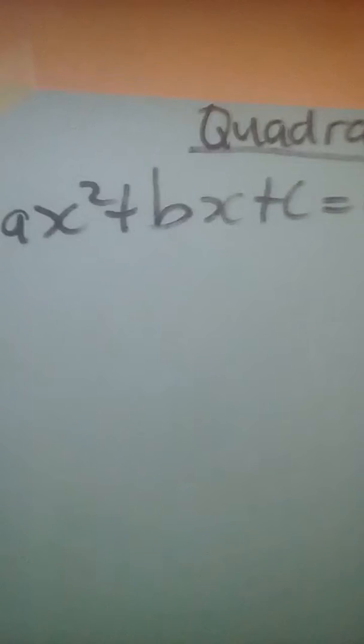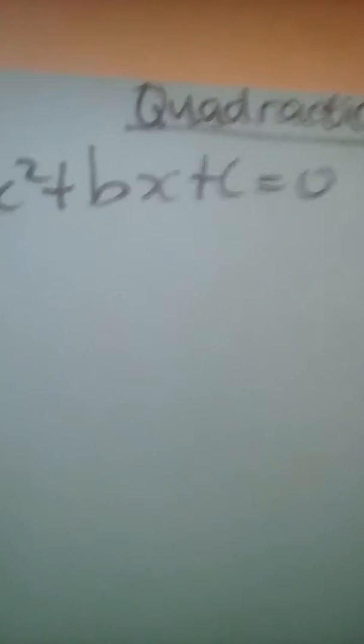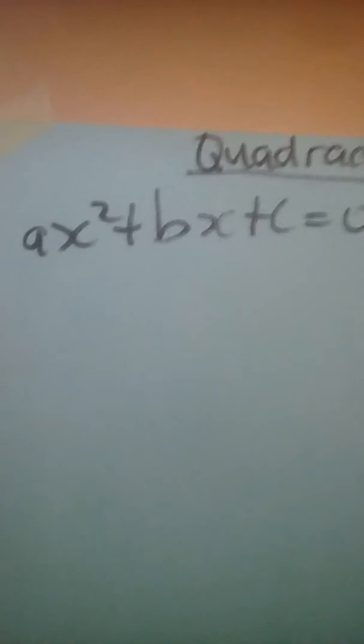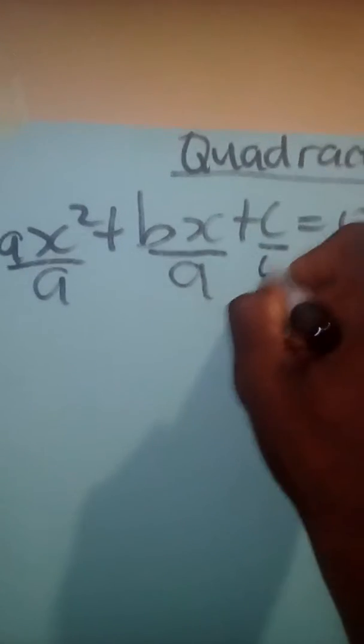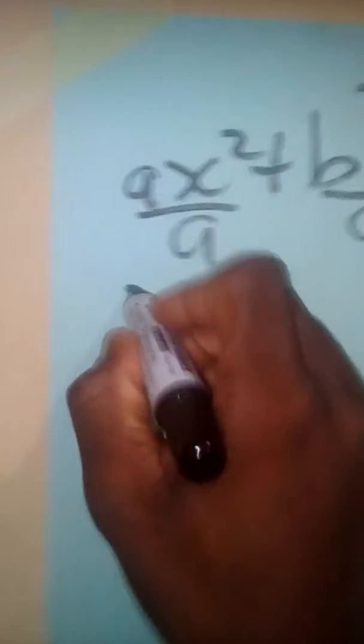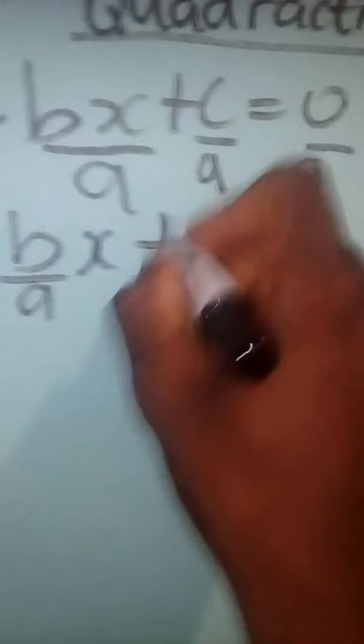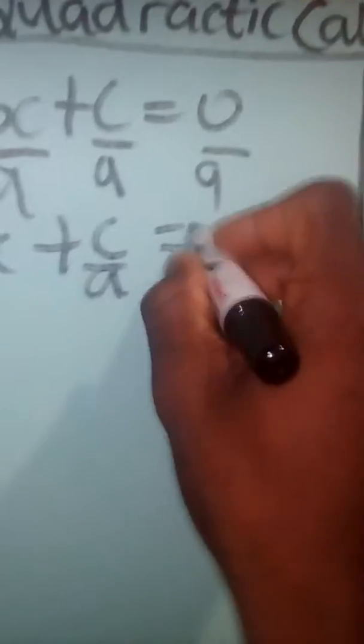ax squared plus bx plus c equal to 0. Now, using the method of completing the square, first of all we have to divide all through by the coefficient of x squared, and this gives us x squared, because a cancels a, plus b over a x plus c over a equal to 0.